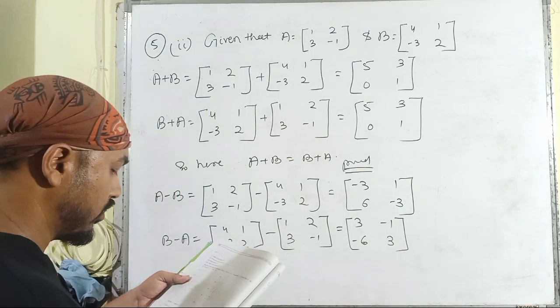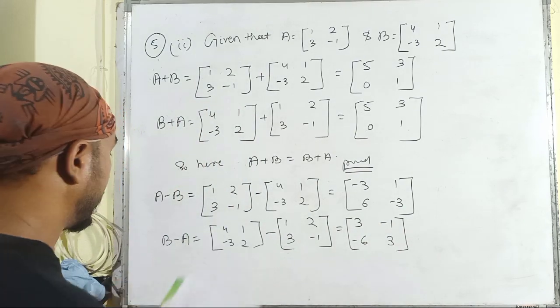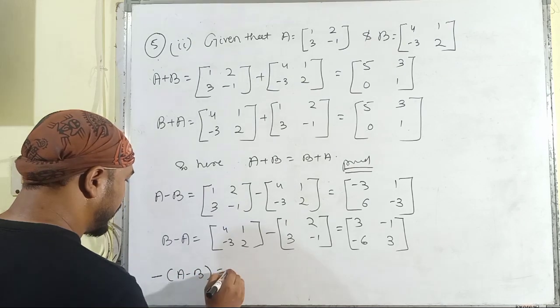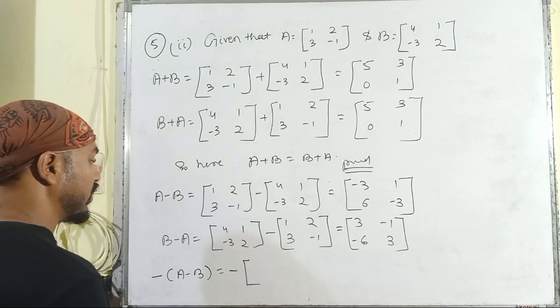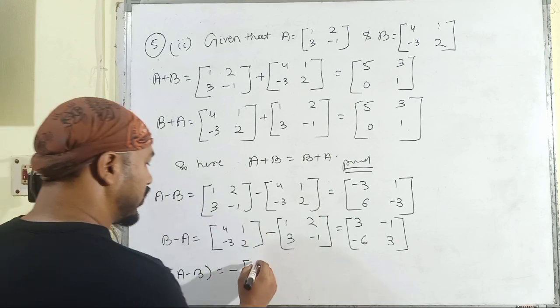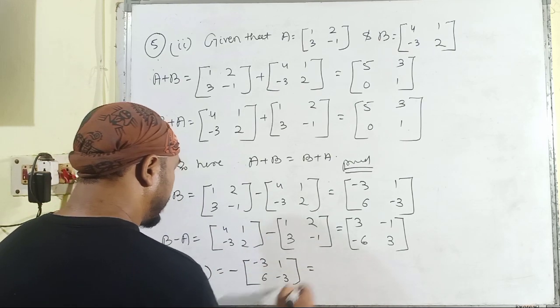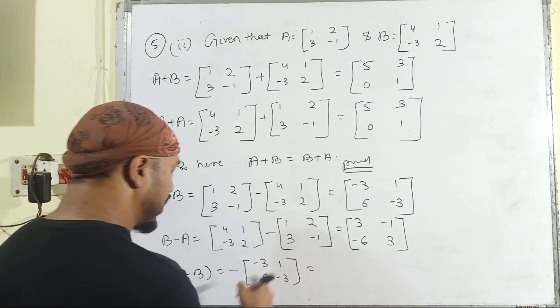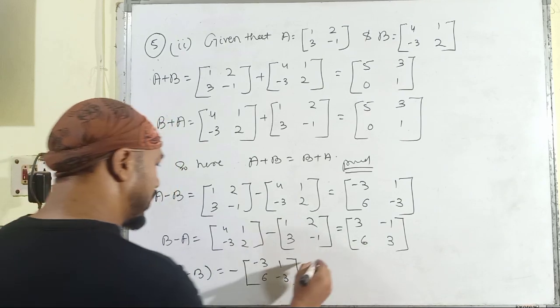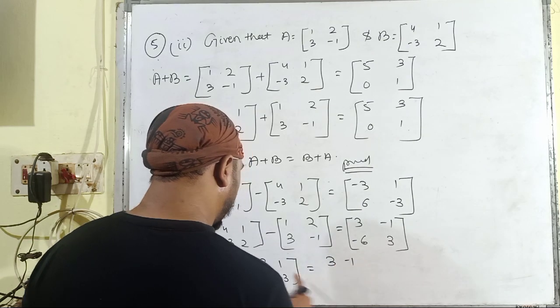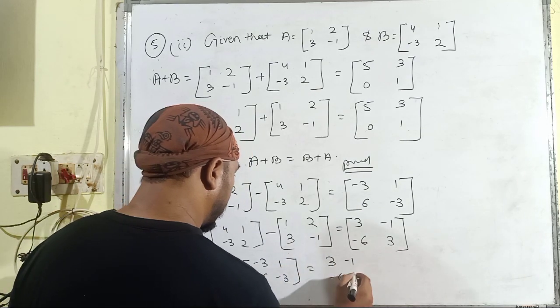Then we have to find out minus of A minus B, that means the negative matrix of the A minus B matrix. So it is minus 3, 1, 6, minus 3. Just multiplying minus 1 to each and every element present in A minus B, we have 3, minus 1, then it is minus 6, 3.